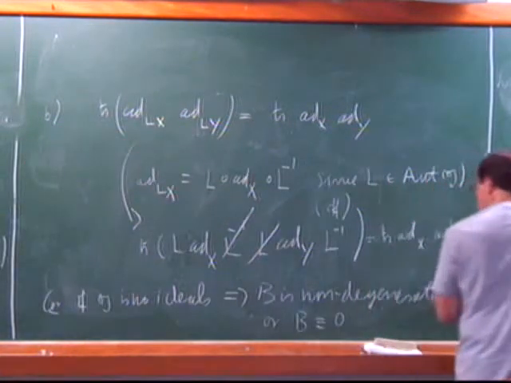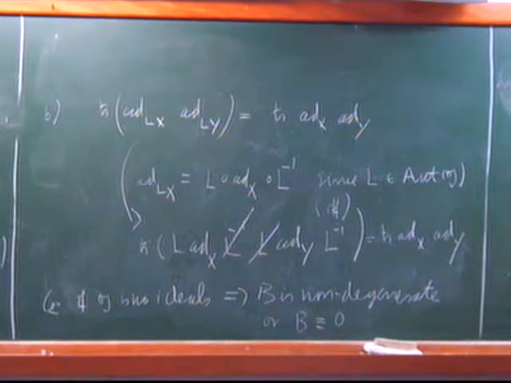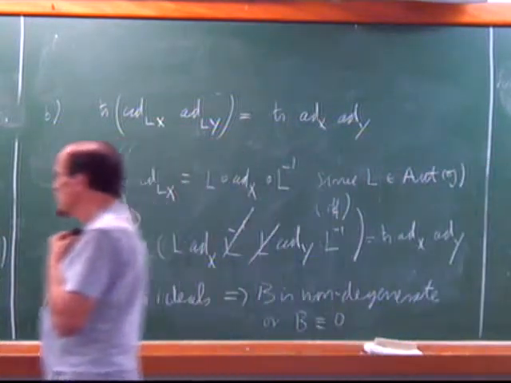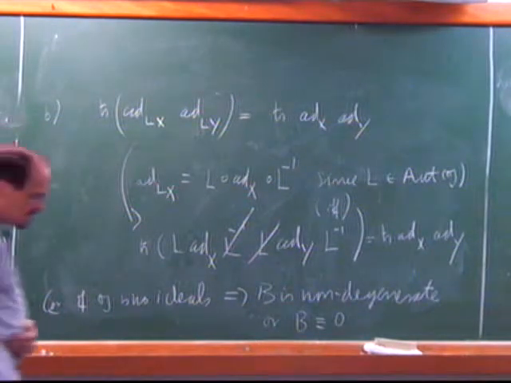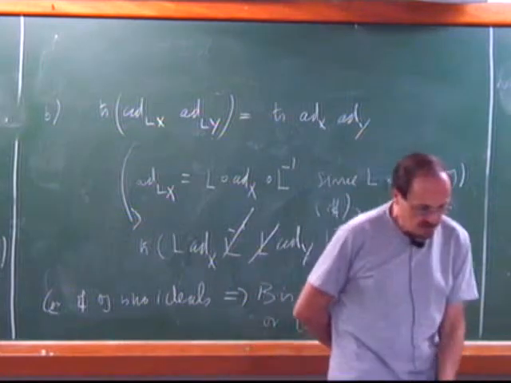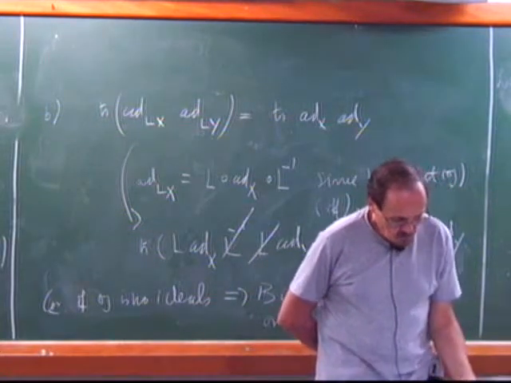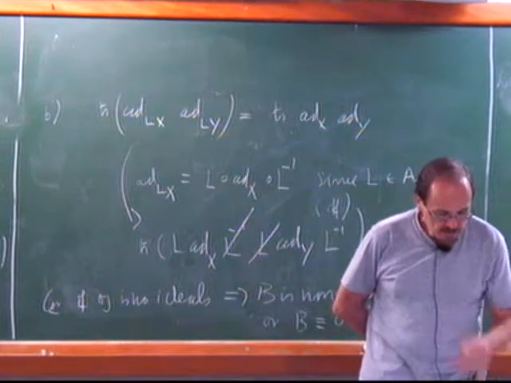Which is not quite obvious right now. But anyway, that's one of the usefulness of the Killing form, that later on we classify Lie algebras with no ideals, and the technique we're going to use is that B is a non-degenerate bilinear form on this Lie algebra. So we can do a little bit of geometry. Okay.